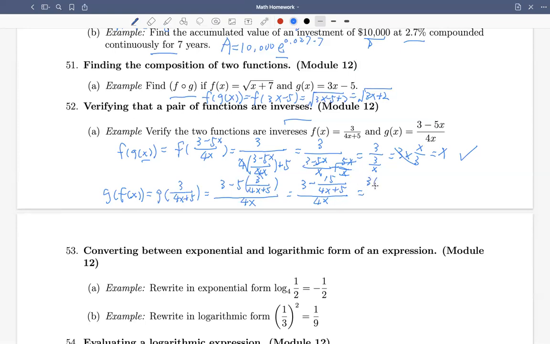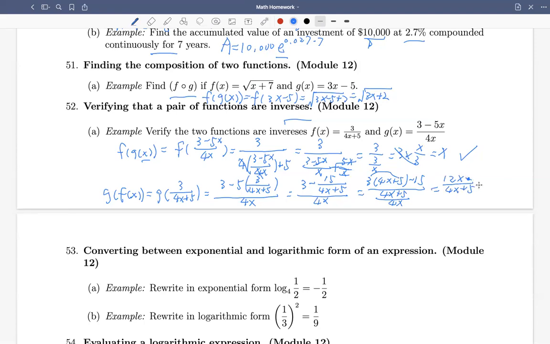So I want to do 3 times (4x plus 5), subtract 15, then divide by 4x plus 5, then divide by 4x. I have 3 layers of this. So in the numerator, I have 12x plus 15 minus 15. Do you see this? 3 times 5 is positive 15, then minus 15, that's gone, right? So I just have 12x in the numerator. Then I have 4x plus 5 in the denominator.